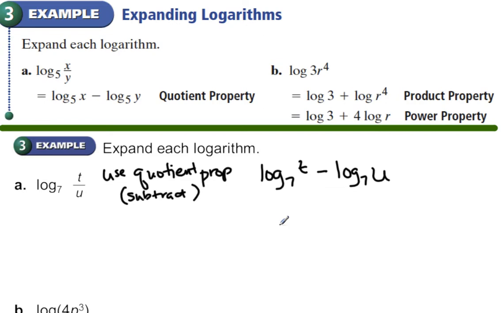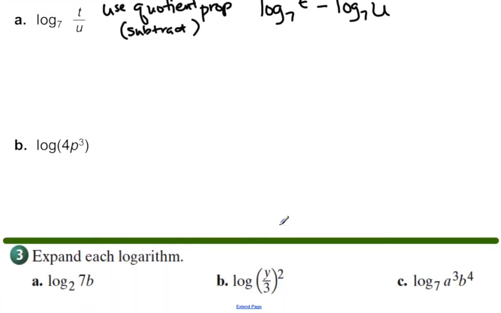All right, B. Oops. Okay. So now remember, we had discussed this before. If there is no written base there, then that means that this is base 10. But you can just leave it alone because we know that's what that means.